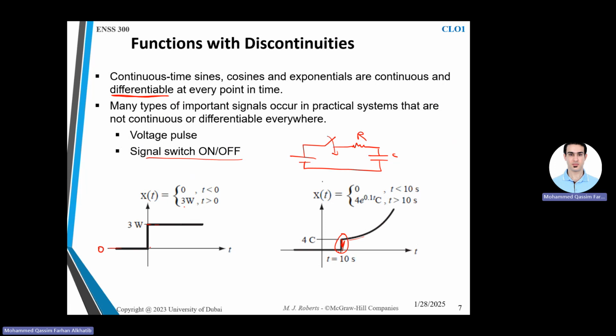It was 0, then at a certain instant it becomes 3 watts. Similar thing here: the system was at rest until 10 seconds, then it starts getting values. You probably already know from calculus about discontinuities and the issues they may cause, some response in the system that might not be desired.